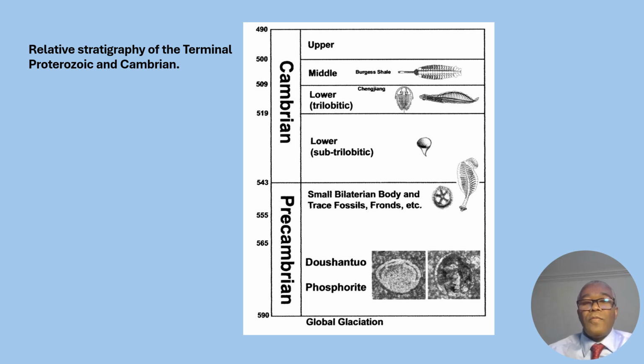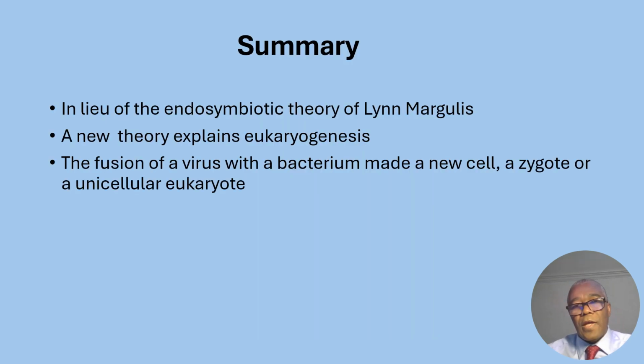So from eggs to soft-bodied to hard-shelled animals in the Cambrian. This again supports our quantum theory of origins, that eukaryotes started first with the eggs of eukaryotes, I mean the seeds or the zygotes, then the development of an embryo, then soft-bodied animals, and then hard-shelled animals later on.